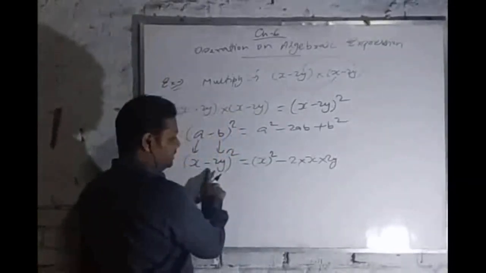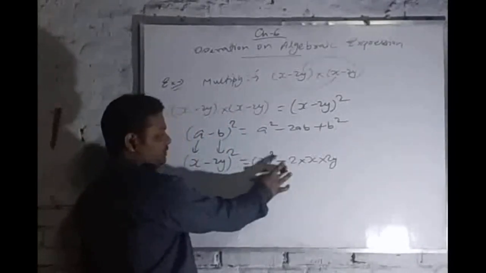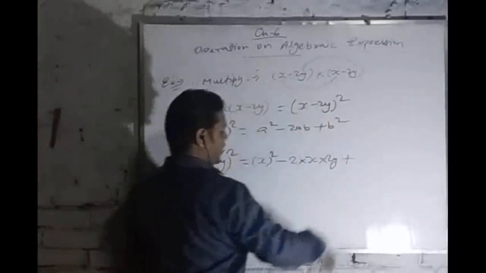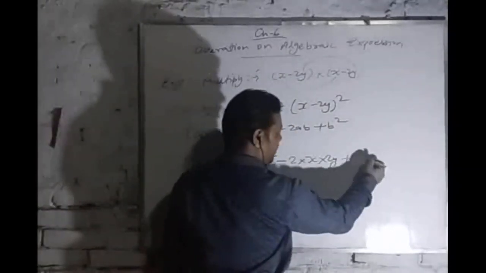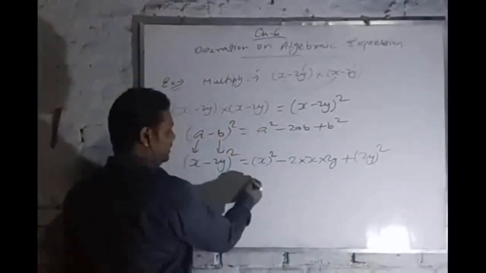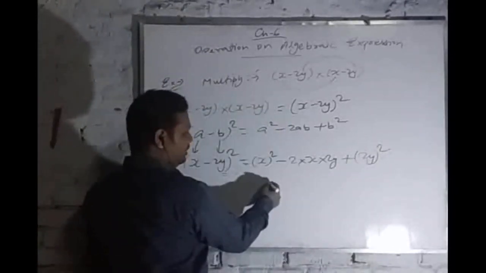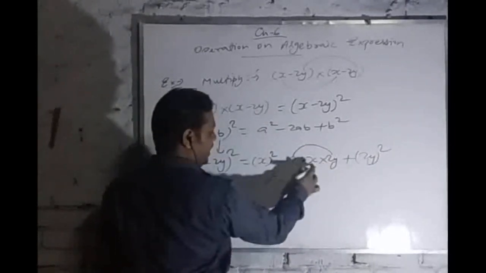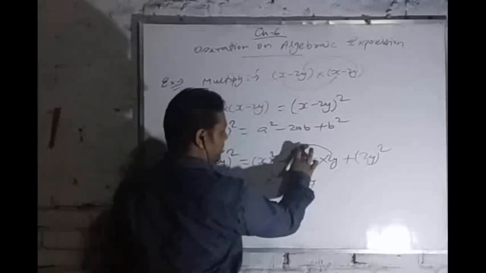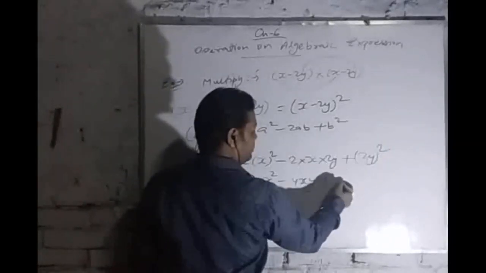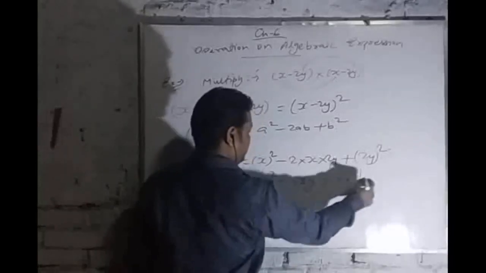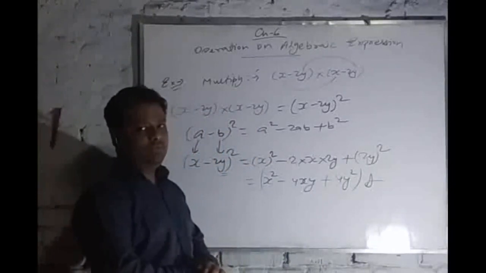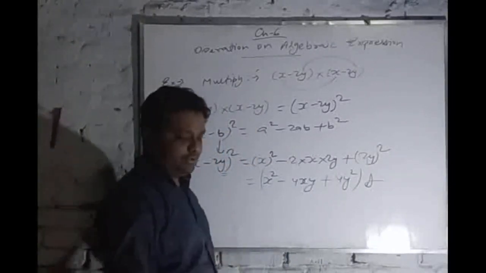We will not write the sign because we are using the identity. Then plus b square, b means 2y, then 2y whole square. After that, x square only. Multiply the constant terms, 2 into 2 is 4, and x into y, xy. Okay. Then plus 2y square, 4y square. So like this we will use the second identity. Okay. So let's move to the third identity.